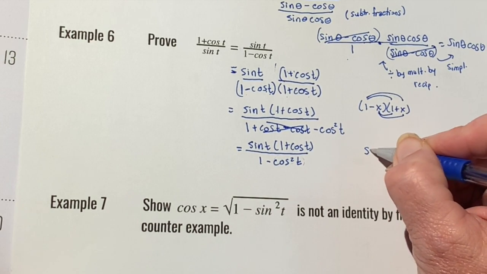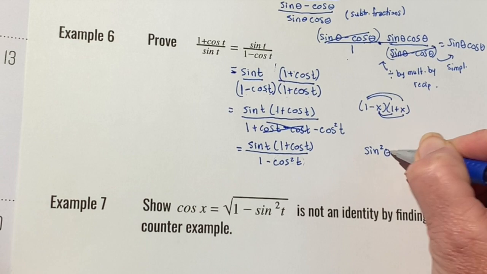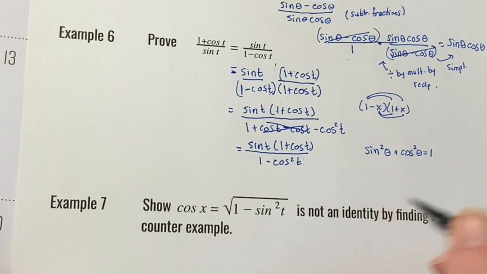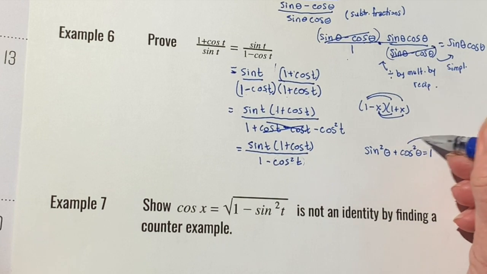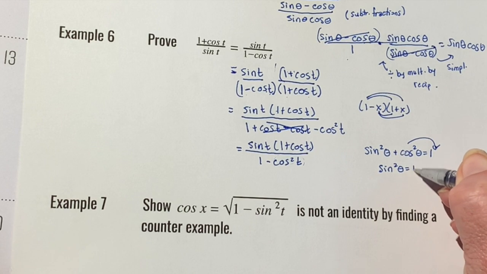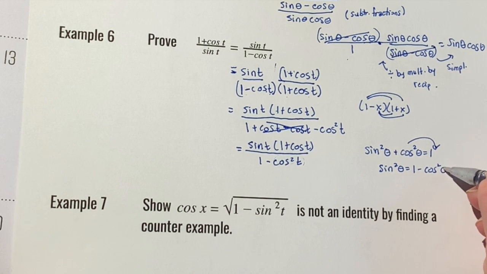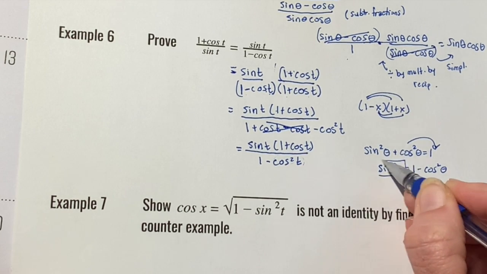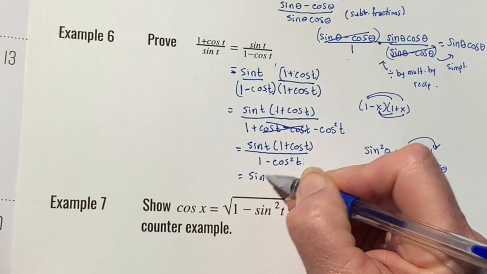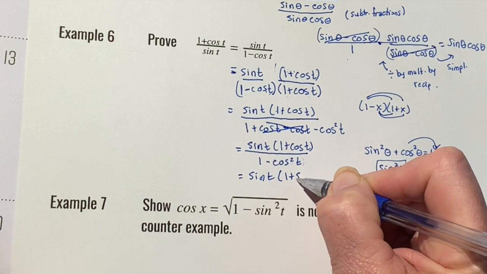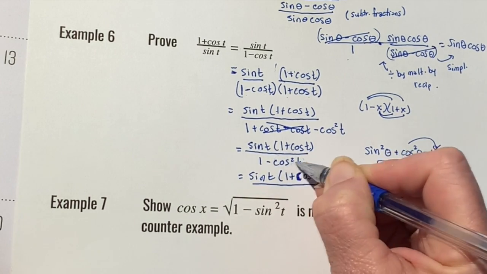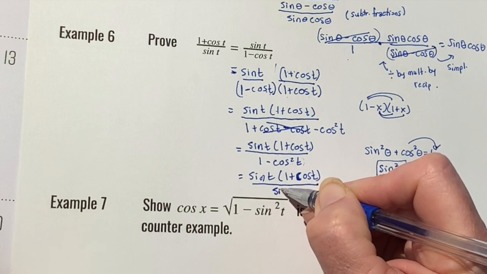So let's go back to the one that has the sine and the cosine in it, sine squared plus cosine squared equals 1. If I subtract the cosine squared over, it is equivalent to sine squared, that is. So I could interchange or substitute 1 minus cosine squared for sine squared.